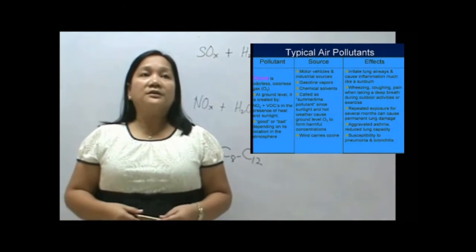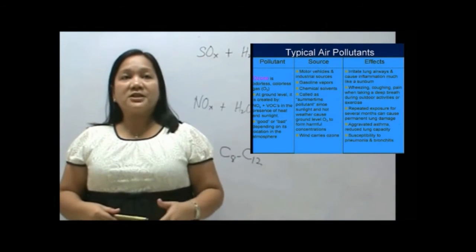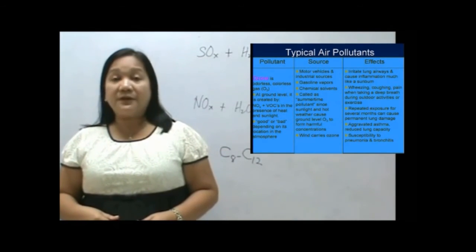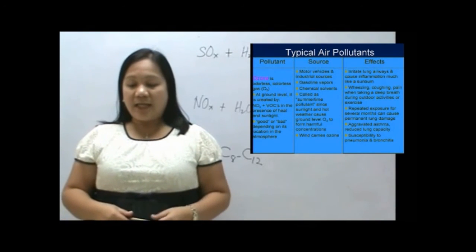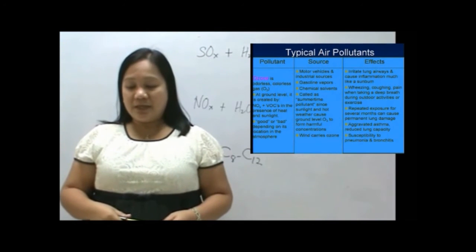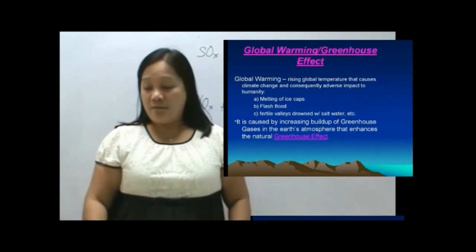It has been found out that O3 would be high, especially during rush hours. So repeated exposure for several months to O3 can cause permanent lung damage, aggravated asthma, reduced lung capacity, and susceptibility to pneumonia and bronchitis.